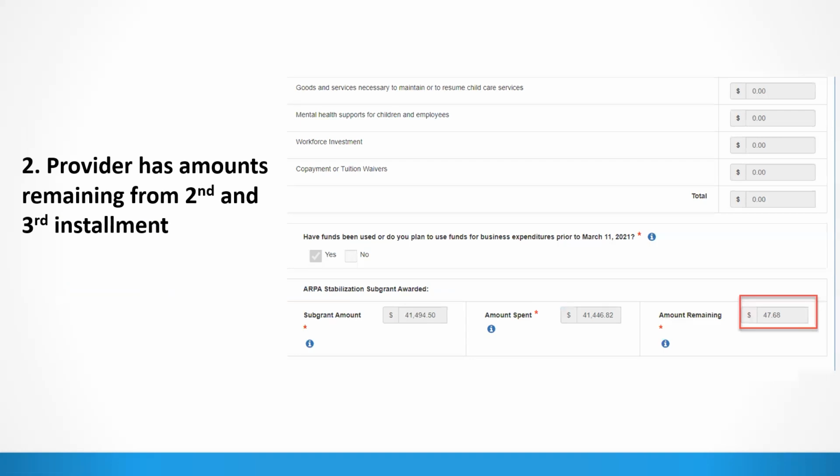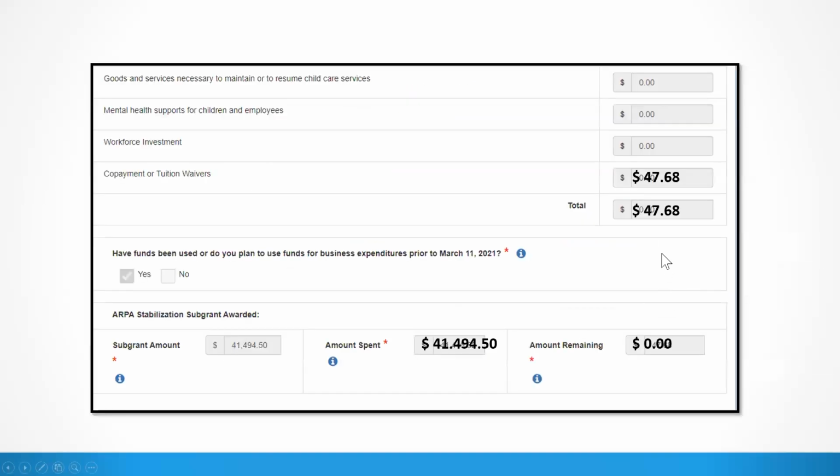It can also be that you still have funds remaining from the second and third installment. In this case, the provider was awarded over $41,000. However, she did not report all funds. She still has $47.68 remaining. At this time, she can report those $47.68. You just need to look at how you spent these funds.